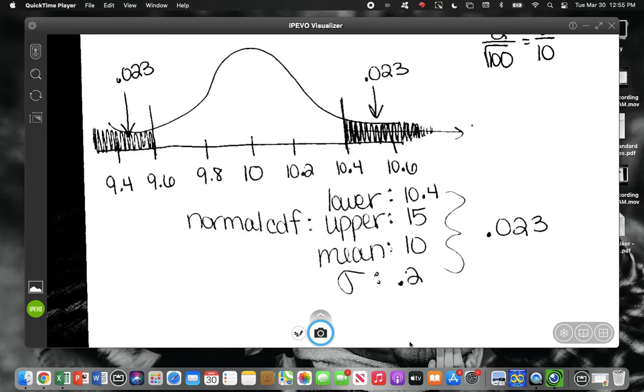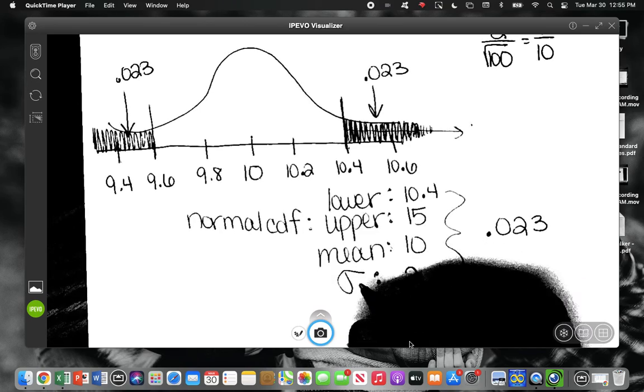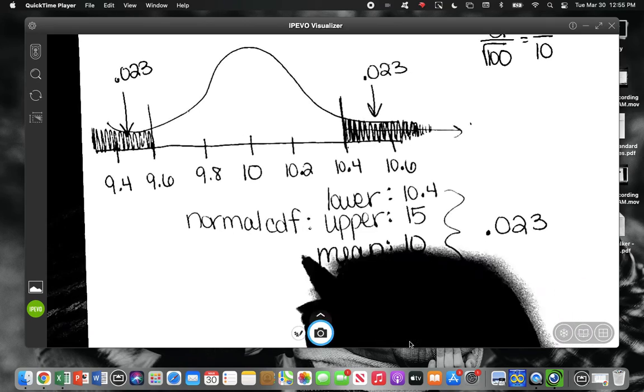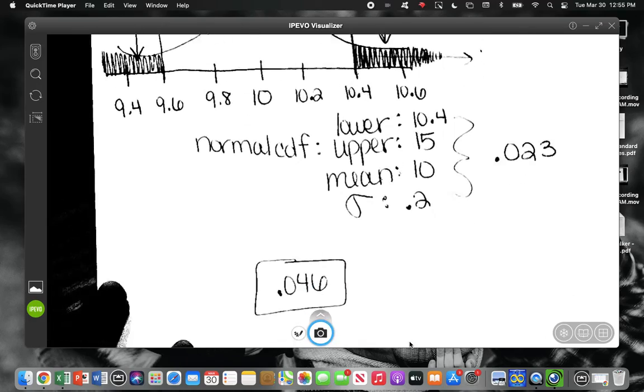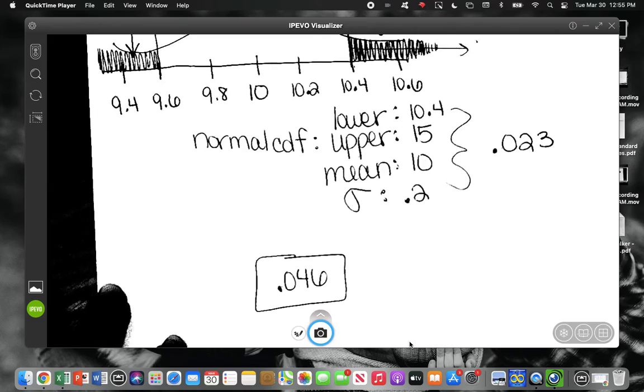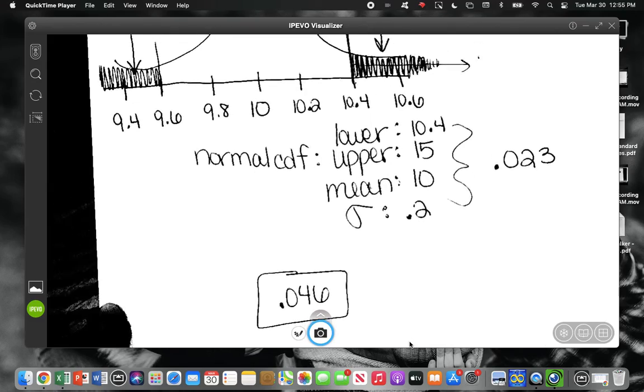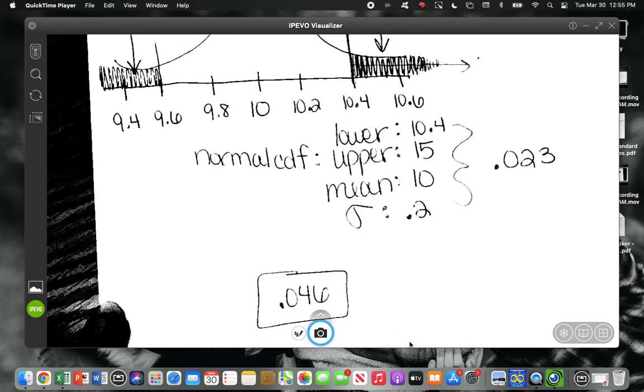So when we put those together, what's our probability? 0.046. 0.046, because we just have to calculate the one side because we can assume because of symmetry that it is the exact same on the other side.